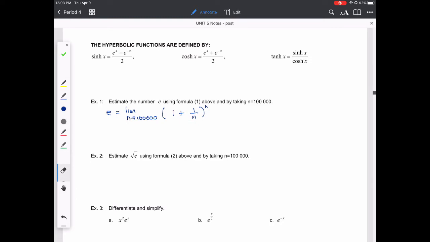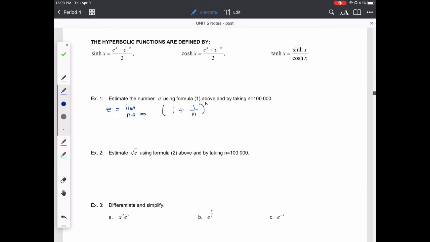I think I should make this just infinity, a big number. And then for the evaluation, we should change it over to the limit as n approaches 100,000, just trying to show it as a complete set of notes.